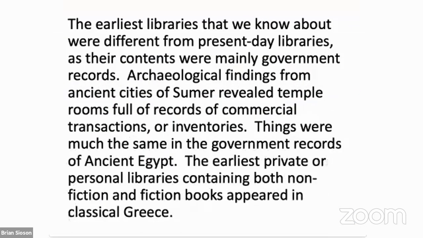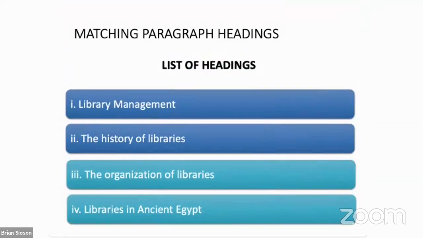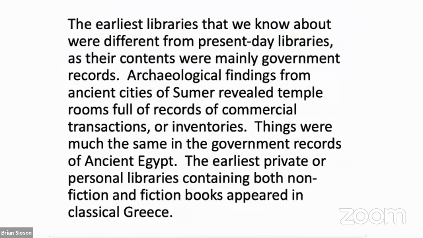Okay. So first of all, I would need to eliminate option 4, libraries in ancient Egypt. Oh, I'm sorry to those who picked 4. That is not the correct response. And the reason is we can see from this particular passage, I'm going to use my pointer, that we have not only ancient Egypt right here, we also have other places like Greece, ancient cities of Sumer, right?